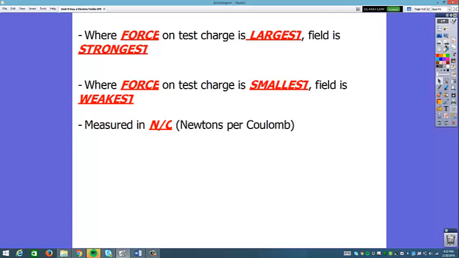So really you're looking to see, is that force, whether it's repulsive or attractive, a really big force, that means your field is the strongest. Okay, wherever your force on your test charge is small, so you don't see much repulsion, much attraction, that means that your field is going to be a lot smaller. Okay, and then we measure electric fields in newtons per coulomb, or N/C.